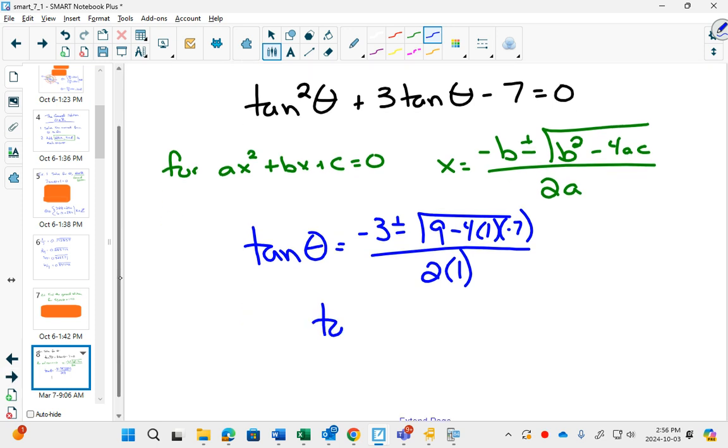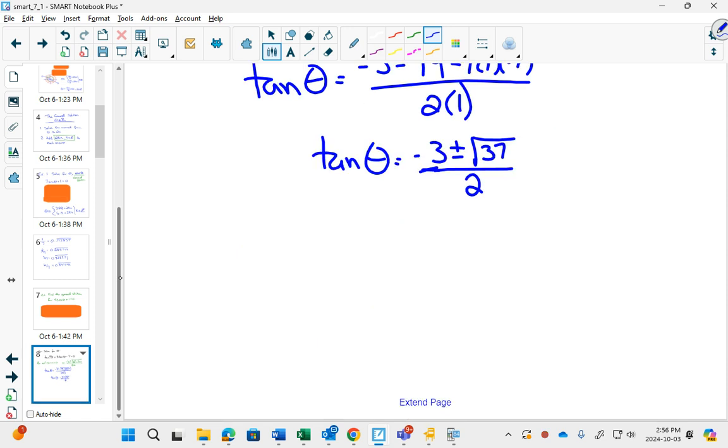And if I simplify this, I get negative 3 plus or minus the square root of 37 over 2, which means we'd have to split this up, because this is actually 2 different answers.